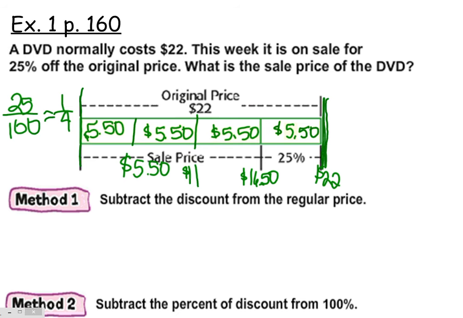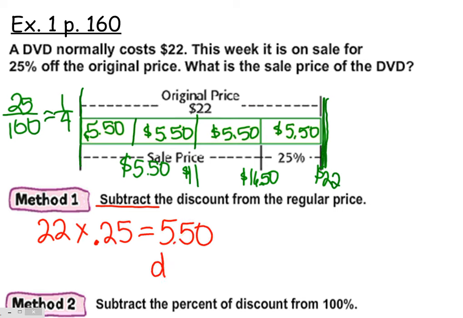Okay, so I'm going to teach you 2 methods of how you can find the regular price. The first method is to subtract the discount from the regular price. Well, the discount is 25%. So you can show that as a fraction or a decimal. You take the original price times the discount, which is 0.25 as a decimal, and that gives you 5.50.